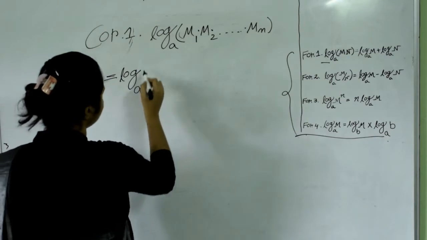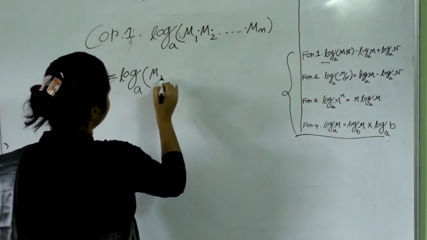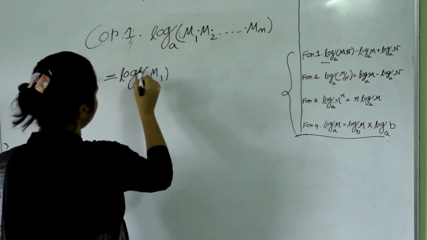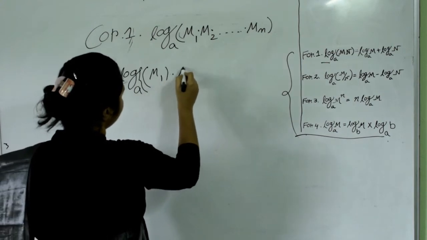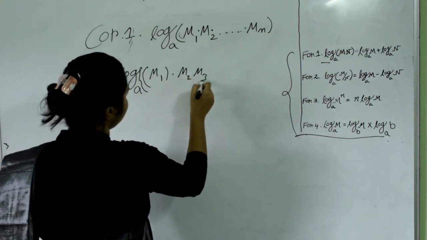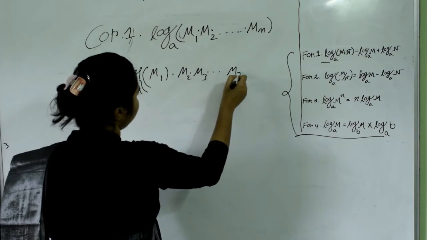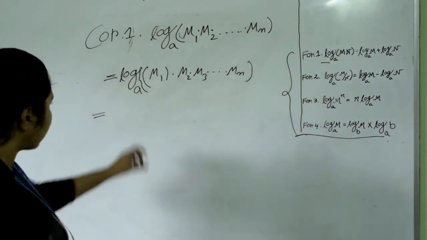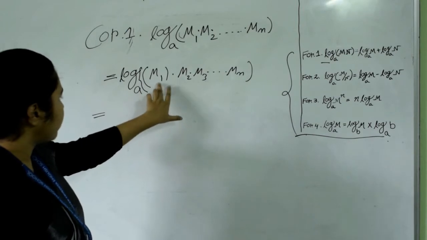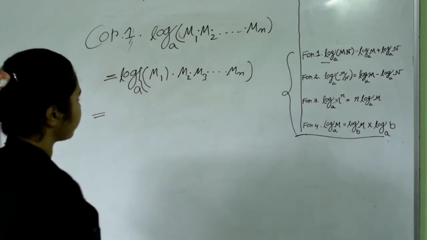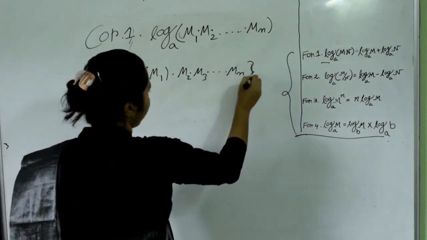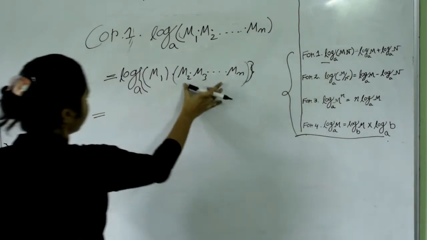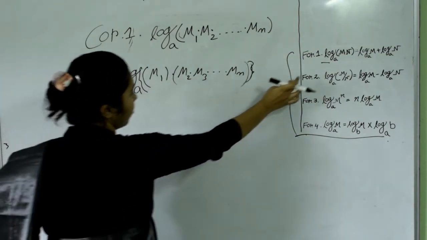So first take m1, m2, m3 up to mn. Assume m1 as one term and m2, m3 up to mn as one term. Now apply formula 1.